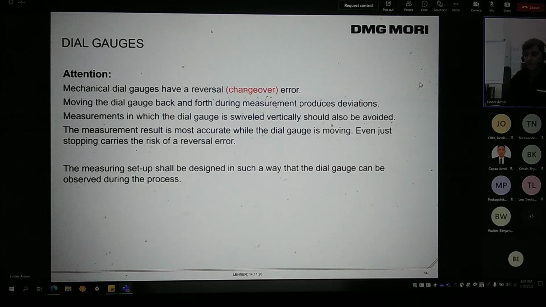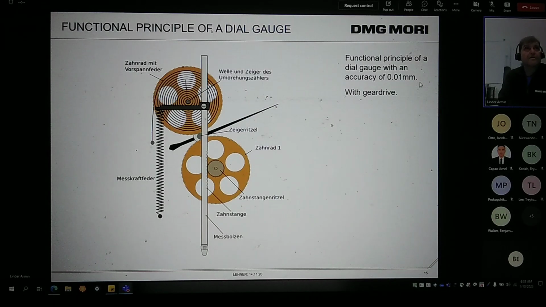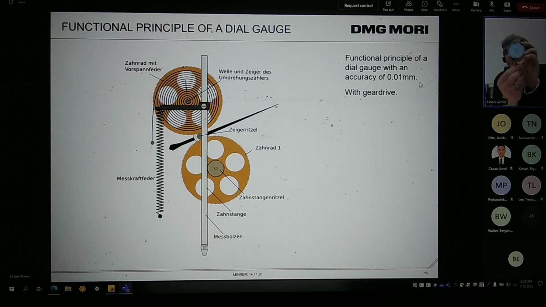We think that when we do the practice part of the training, you will see how you can avoid the changeover error on the dial gauge. Here is an example. I will show you that dial gauge. If you look at the camera, here there is a dial gauge. They have a big wave, and that's the same as I show you now in the script.